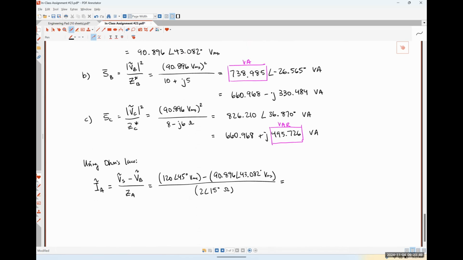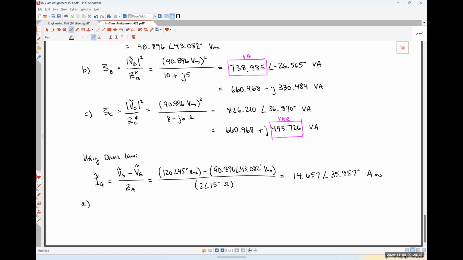So 120 angle 45 minus what I have stored as X over what I have stored as A gives me a current of 14.657 with an angle of 35.957 degrees amps RMS.